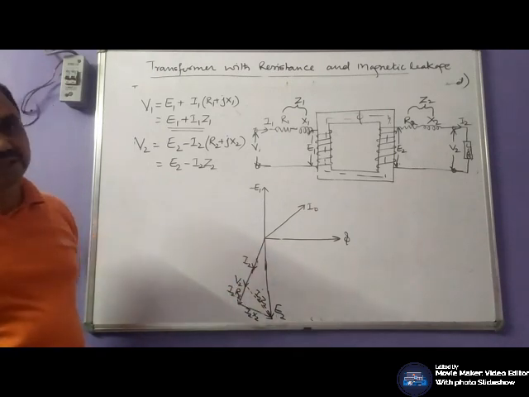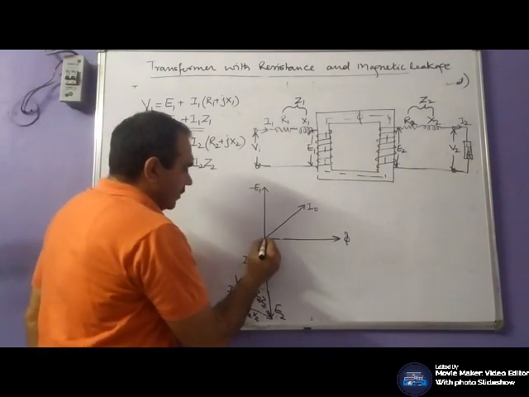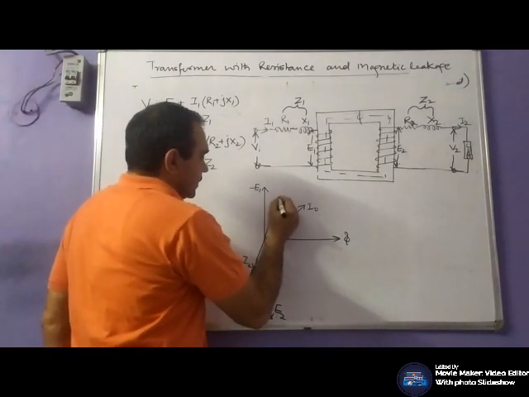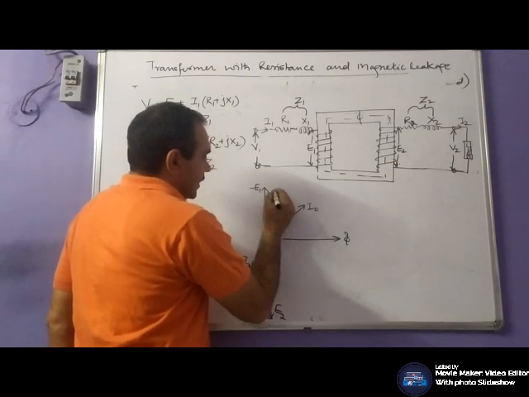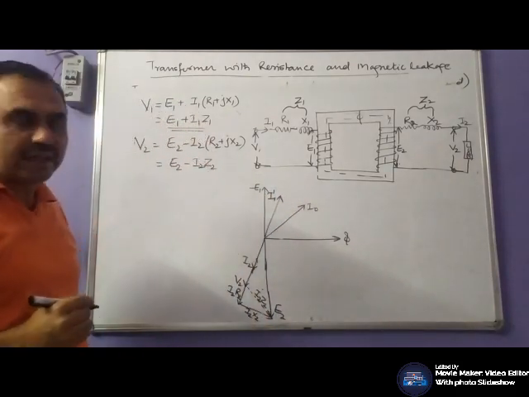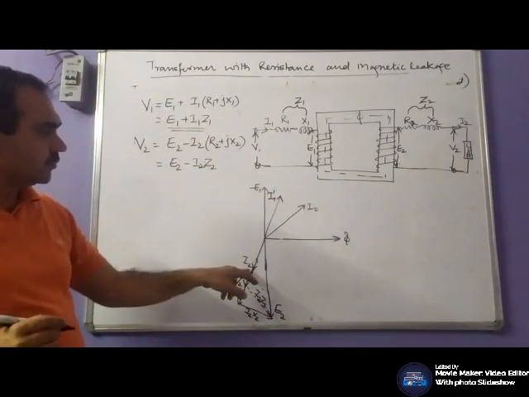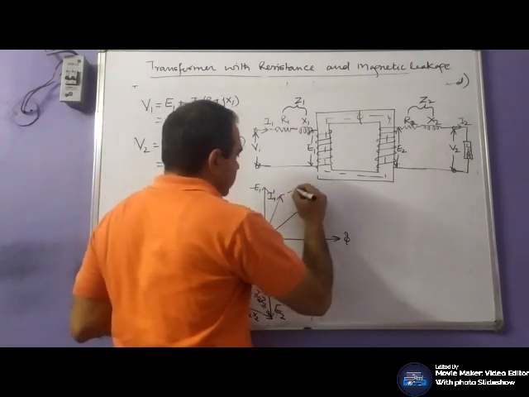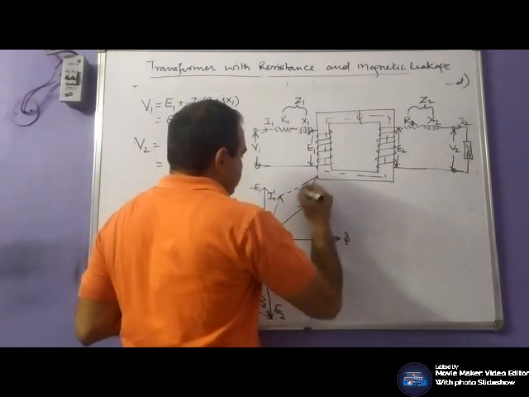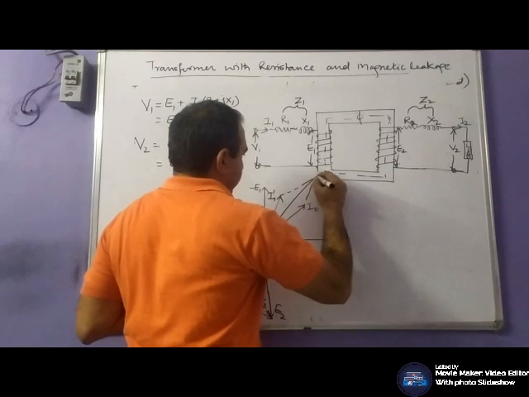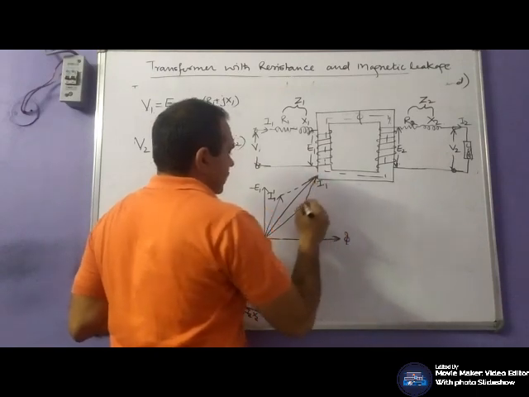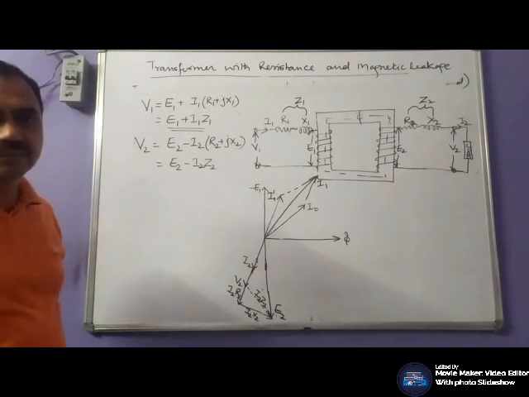Now come to the primary side. The counterbalancing current I1 dash is in phase opposition to I2. I1 is the phasor sum of I0 and I1 dash.